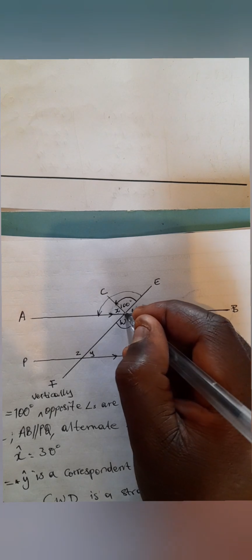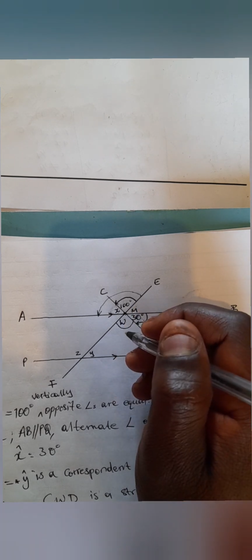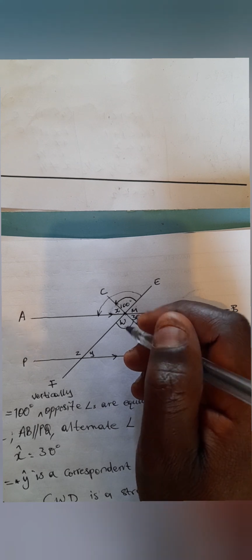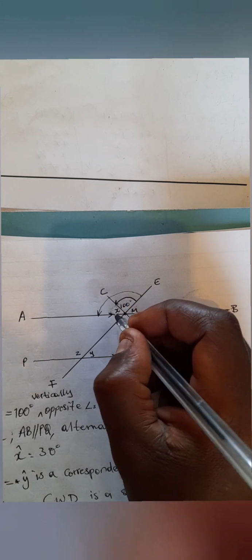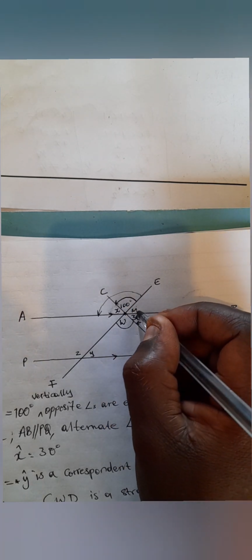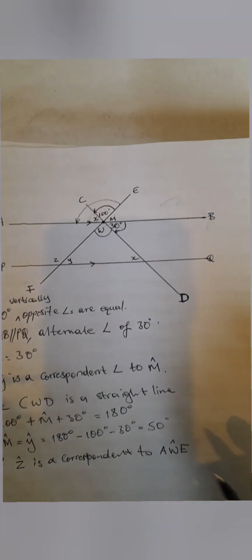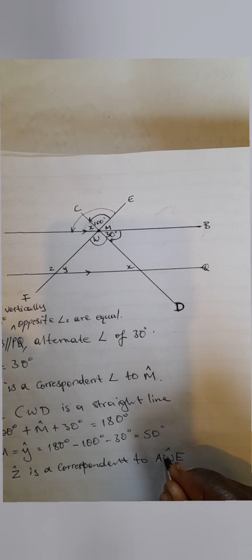Okay, I'll just call this point M. Point M. Yeah, this is point M according to the problem statement. This is point M, and this angle here is also M. So this is going to be AME, not AWE, AME.